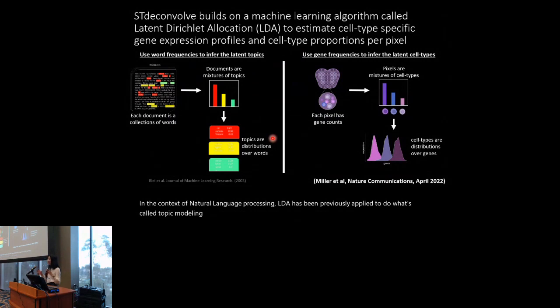So given a collection of lots of documents, for example, all the articles in the New York Times, these different documents are ultimately comprised of words, and therefore we can think of topics as distributions over words, and we're trying to infer the underlying latent representation of these mixtures of topics within these documents.